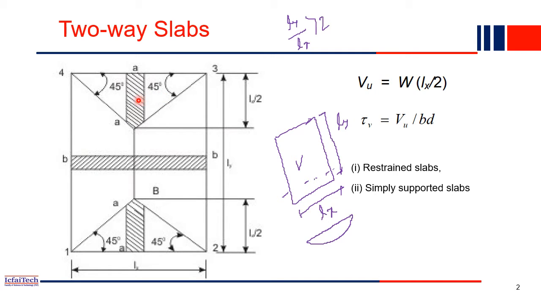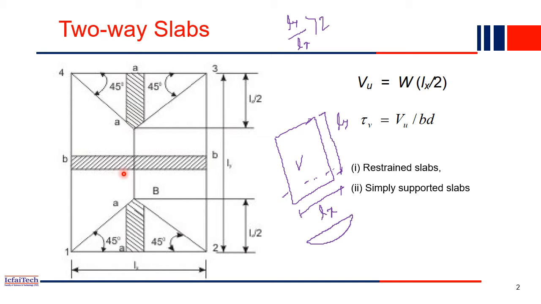However, as in a one-way slab, the depth of a two-way slab should also be checked for shear stress, to avoid any shear reinforcement. As we discussed earlier, normally we do not provide any shear reinforcement in a slab because the shear stress in a slab is very low compared to a beam. Because the shear stress is very low, shear reinforcement may not be required, since the reinforced concrete itself has some capacity to withstand the shear force.